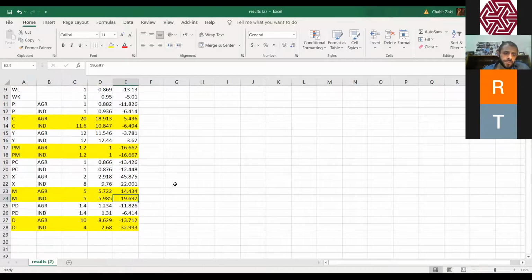At the same time, the demand for domestic goods of industrial goods, they decreased significantly by 32% or 33%, but the domestic demand for agriculture decreases by 13%. Let's see here what happens for exports. We can see that exports of agriculture goods increase by 45%, while those of the industrial sector increase by 22%.